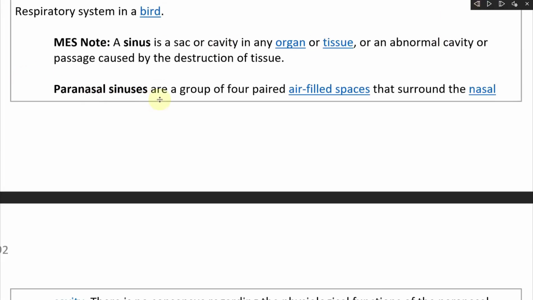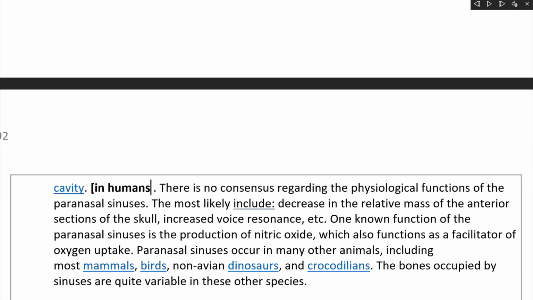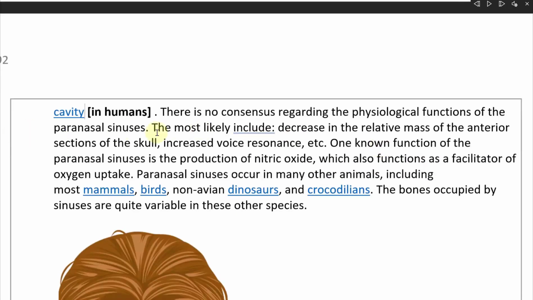Sinuses are... they're sinuses. So paranasal sinuses are a group of 4 paired air-filled sacs that surround the nasal cavity. I believe this is just in humans. Let's put this here, just in humans, just because we're talking about birds. But this one is in humans as a 4-1. There's no consensus regarding the physiological functions of the paranasal sinuses.